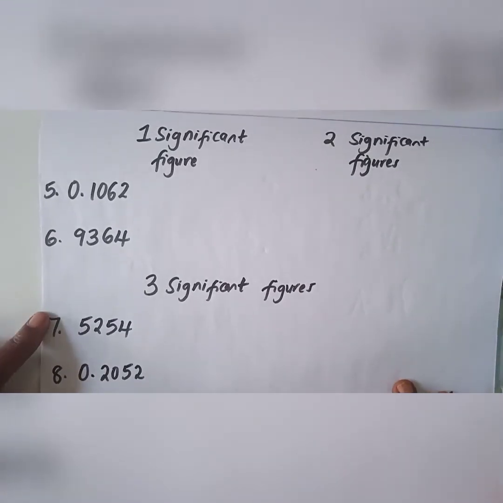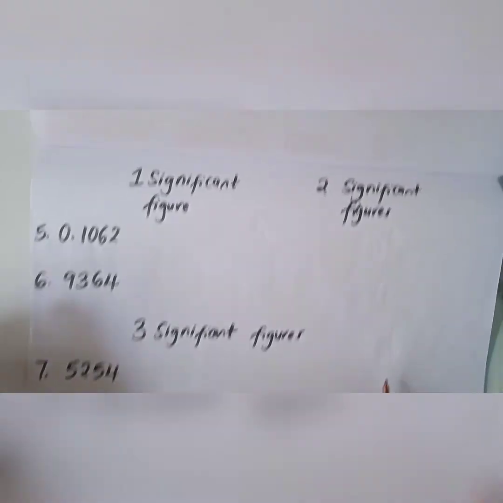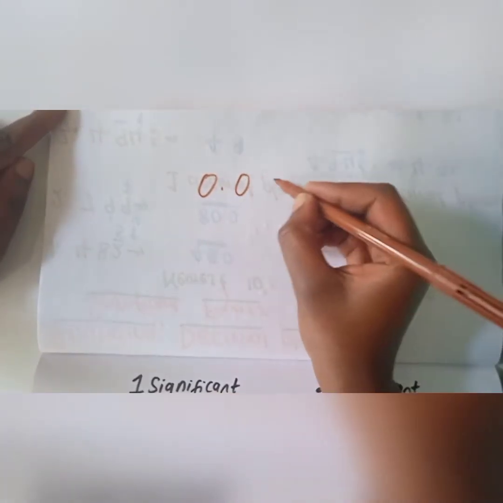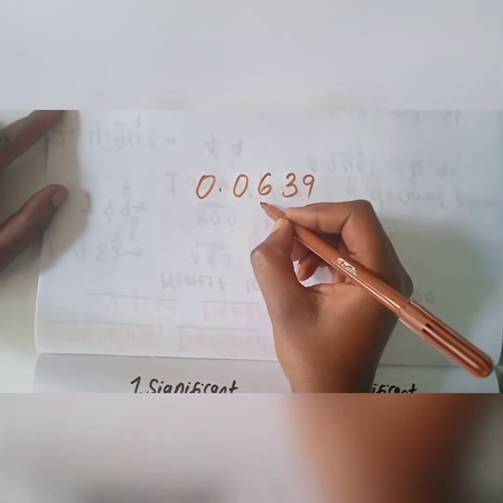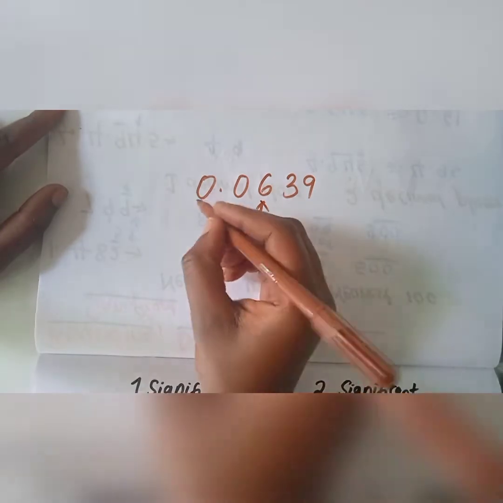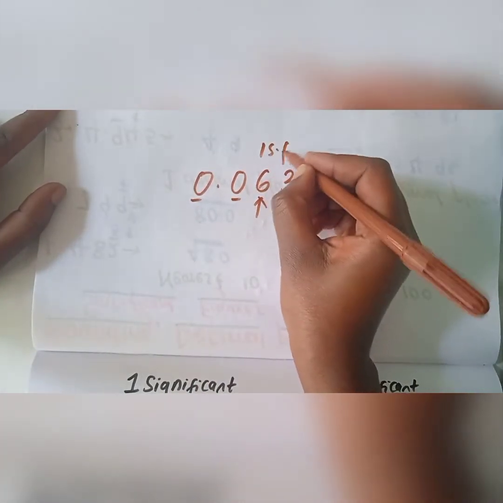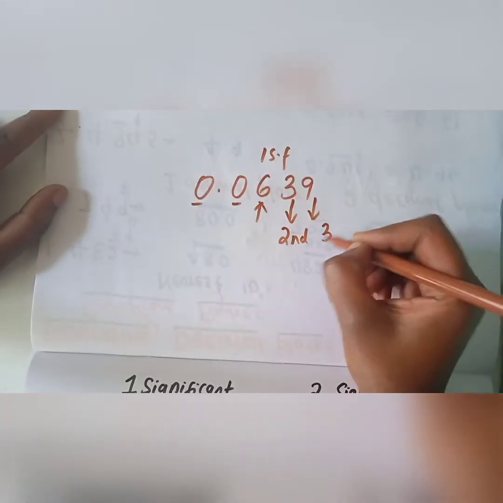Next one will round off to one significant figure. For significant figures, if for example you're given 0.0639, the first significant number will be counted from 6, where it's a non-zero. So this one is the first significant figure, this one is the second, and the third one.